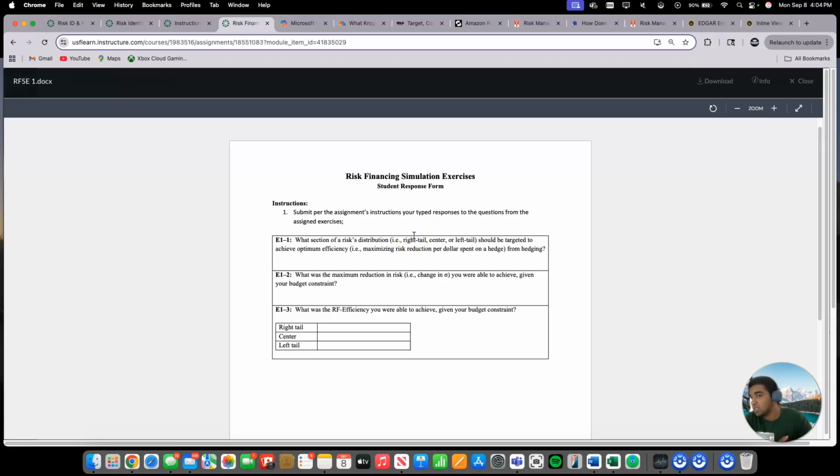I would include what the retention is, how much coverage you're going to be getting based off your $50,000 budget, and just a sentence saying we should be targeting either the best case, worst case, or mean scenario to ensure financial stability and achieve optimum hedging. That's what I would say for this one.